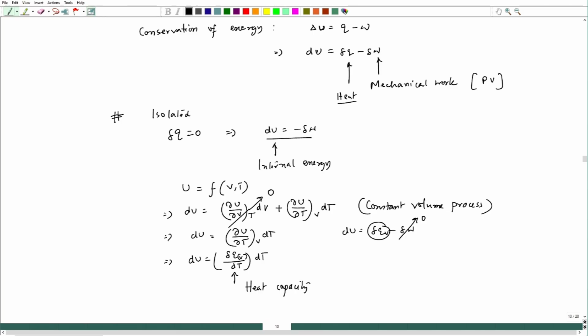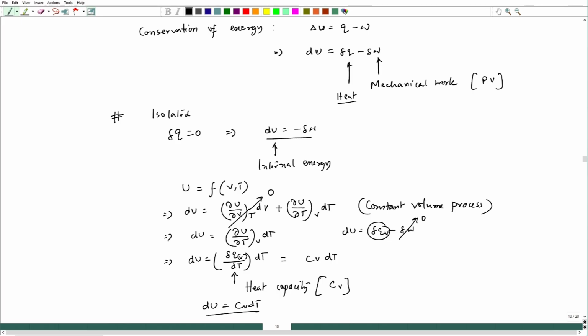This is termed as C, and since it is at constant volume, I will write Cv. This is heat capacity under constant volume condition. So this equation will be Cv dT. Now the final equation becomes dU equal to Cv dT.